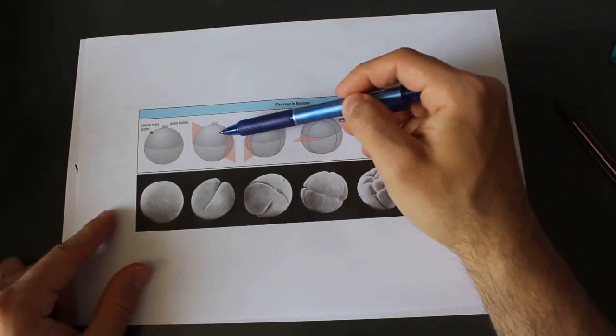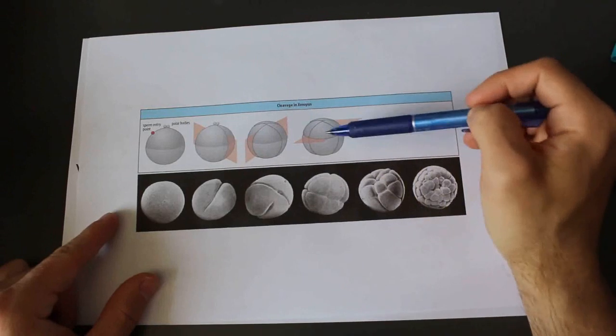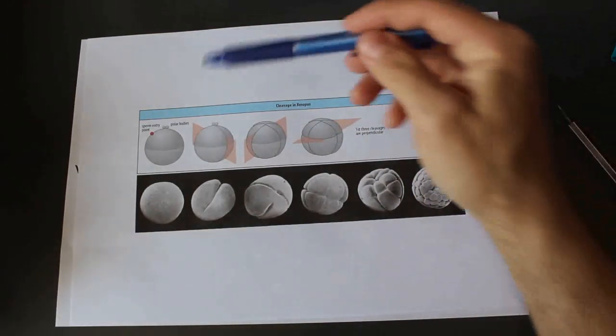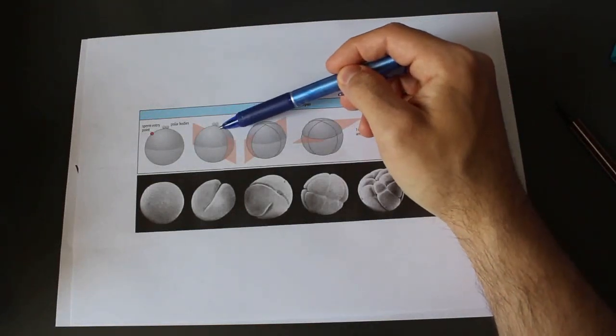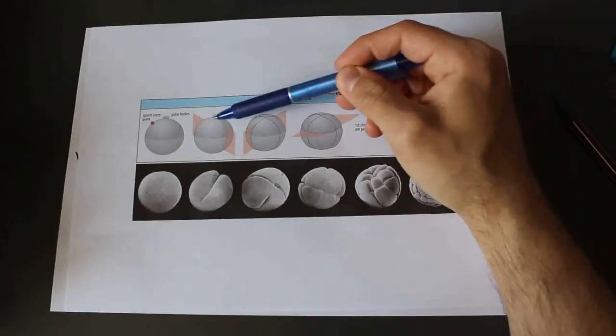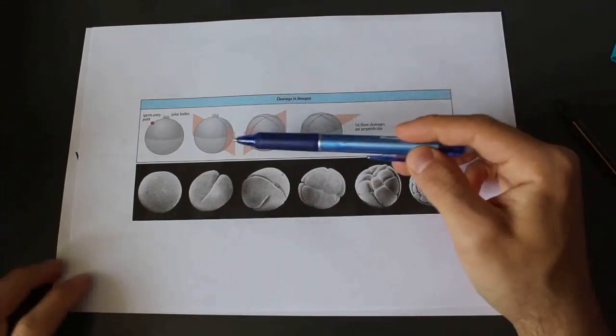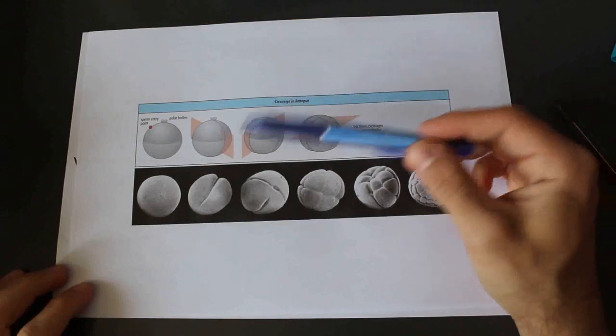The volume of these two cells is the same as these 8 here, for example. And these are the polar cells, which come from meiosis. You just have to understand what meiosis is in order to know what the polar bodies are. And you have cleavages, and these cleavages have different axes.